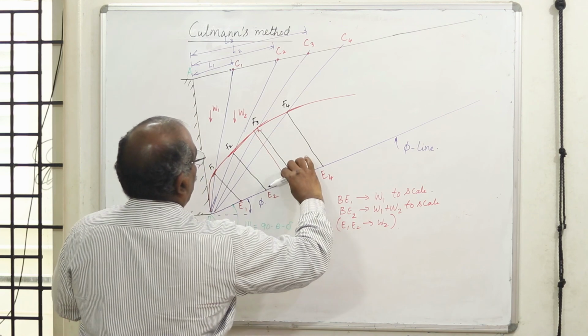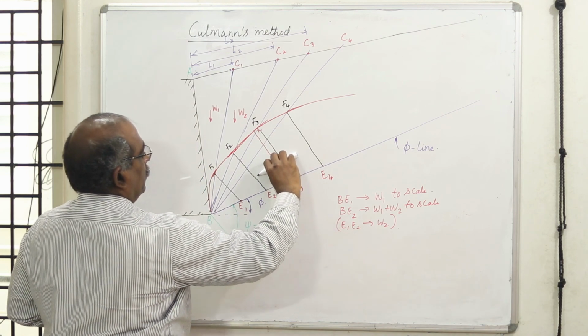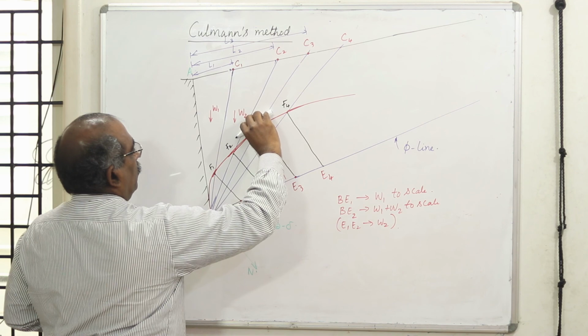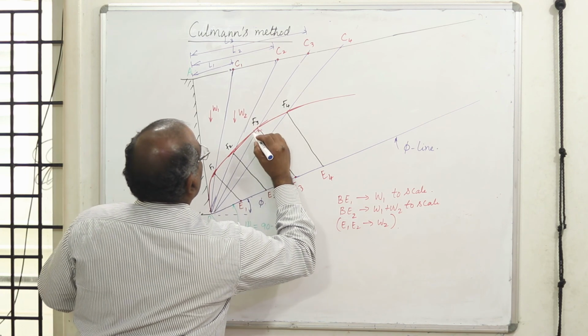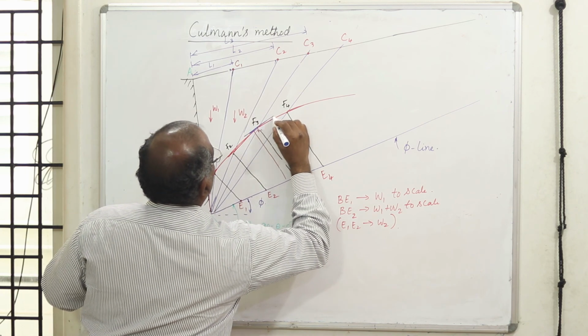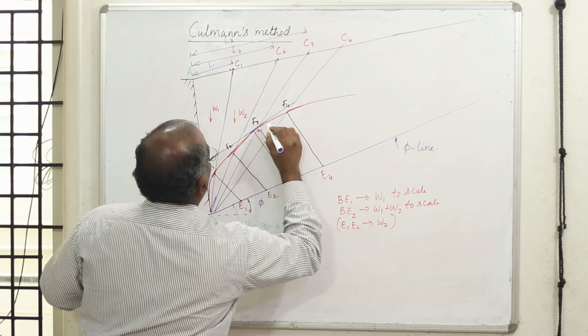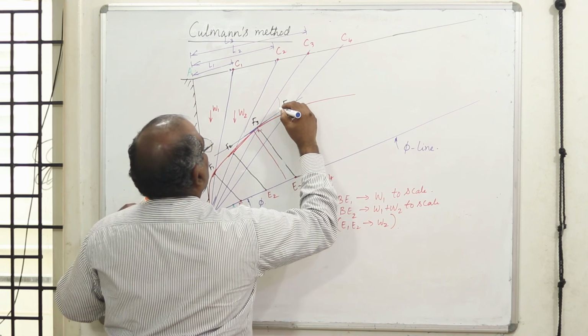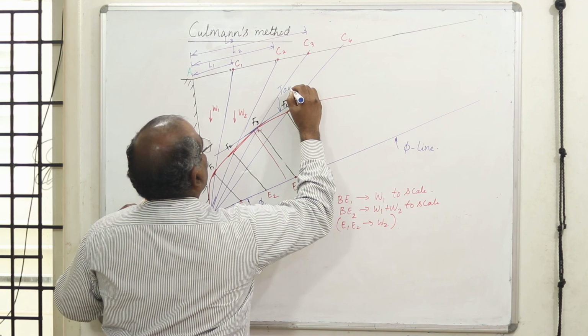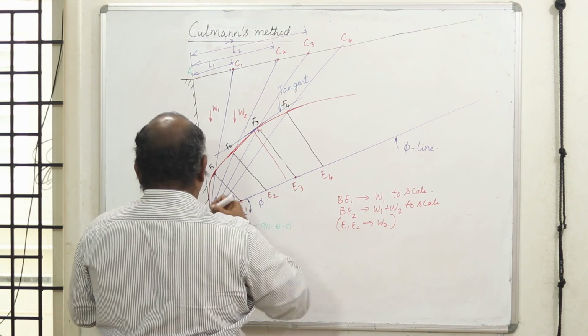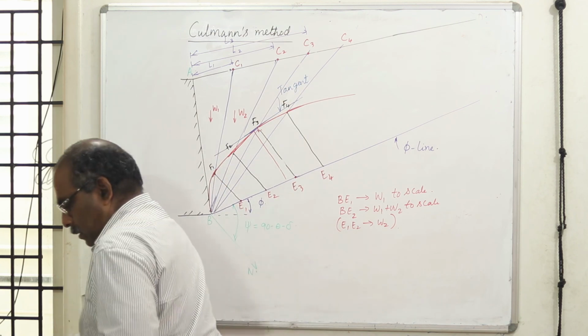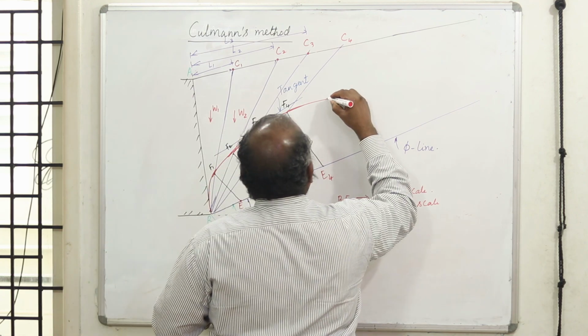Okay, now what I do is, I take a rotor scale or something and try to move it, and wherever I get a tangent to this curve, this is the tangent drawn. So this red line is called the Culmann's line.